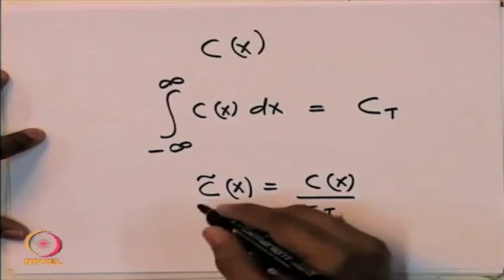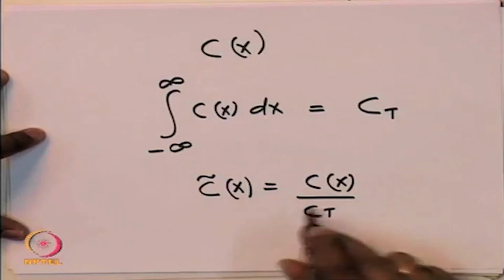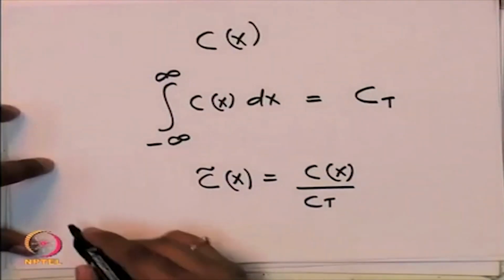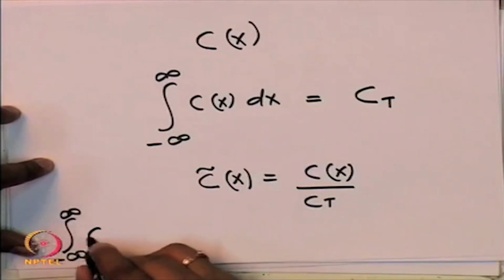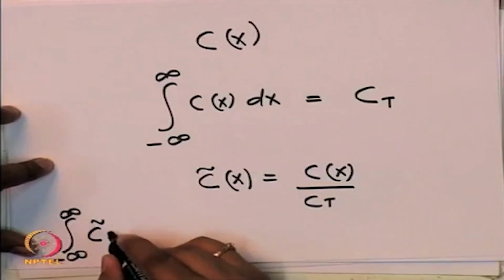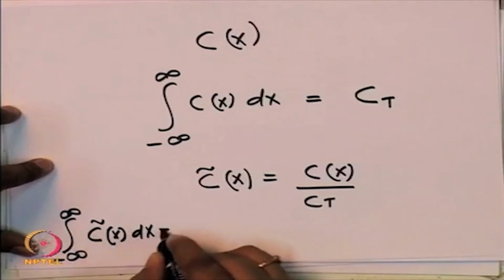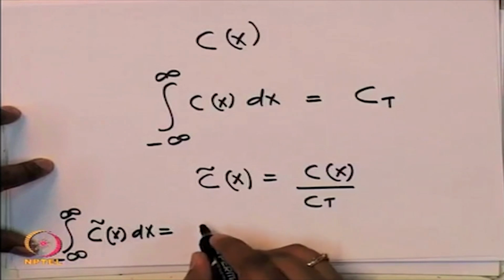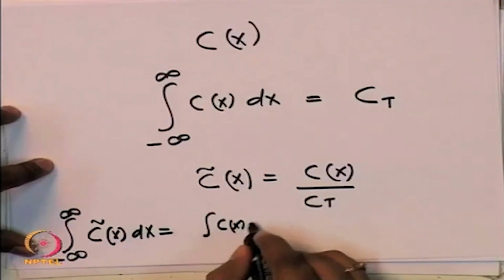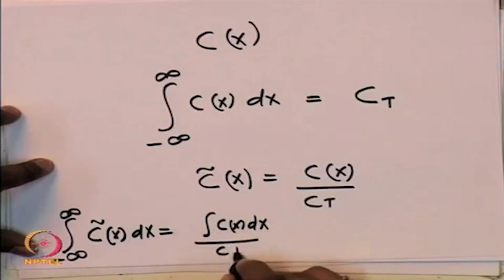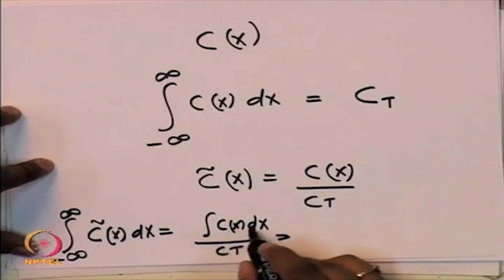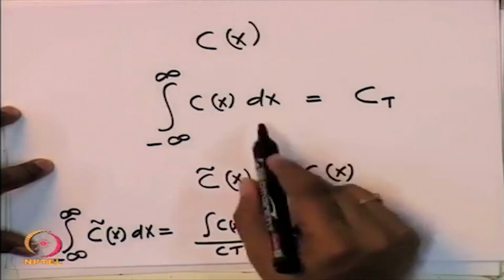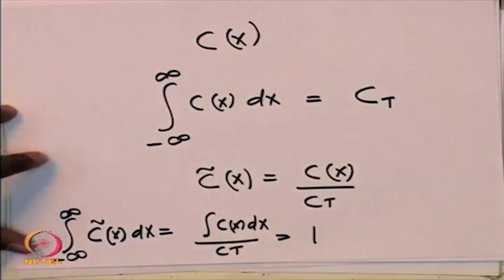So, if you have such a function, what will be integral from minus infinity to infinity of C tilde of x dx? This will be integral C of x dx divided by C t. We know that integral C of x dx is C t from here. So, this will be C t by C t, which is 1.